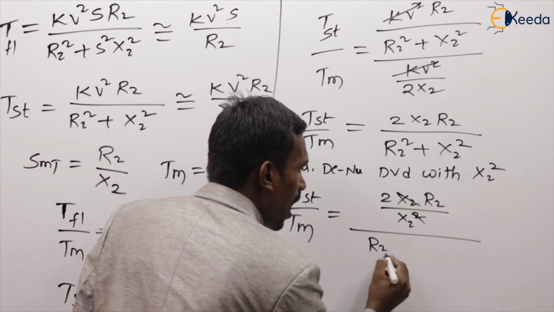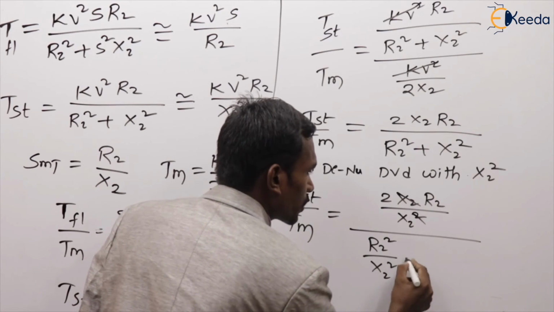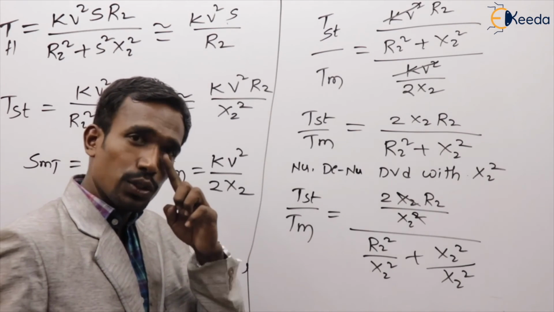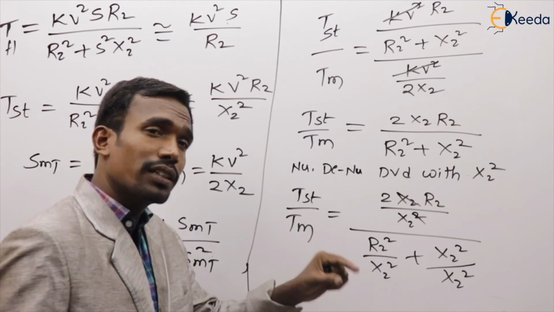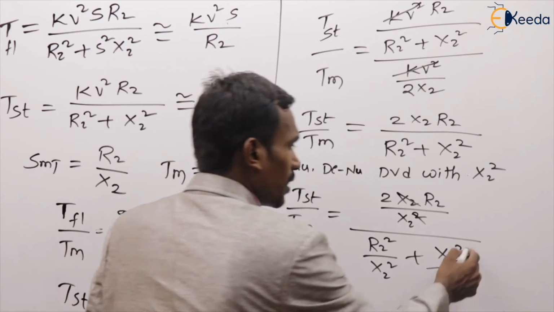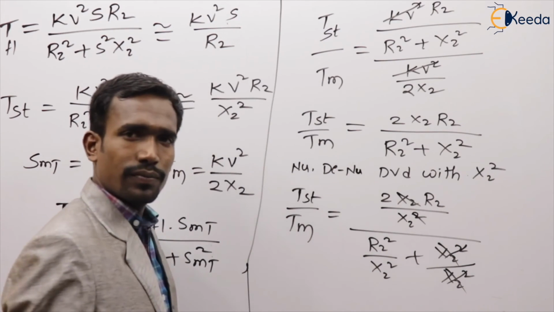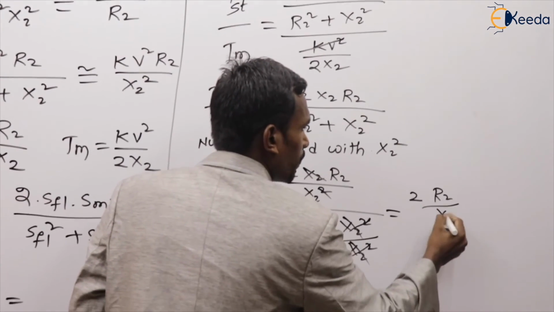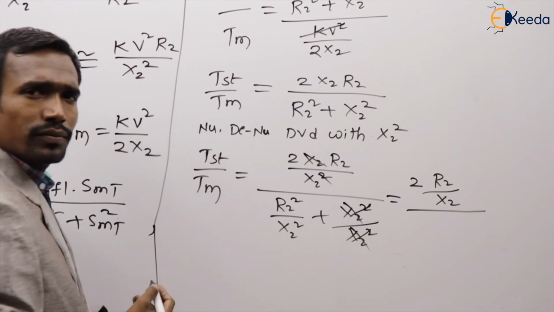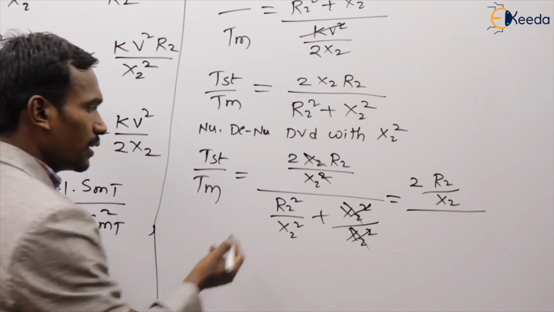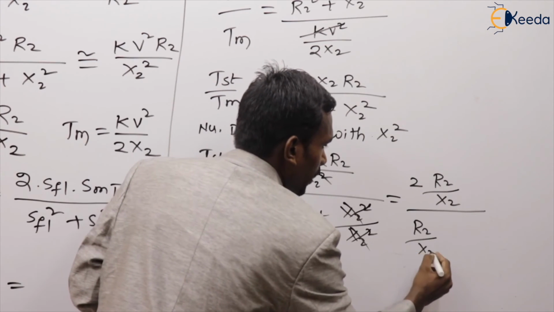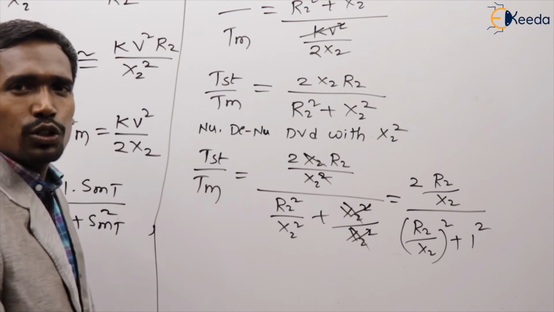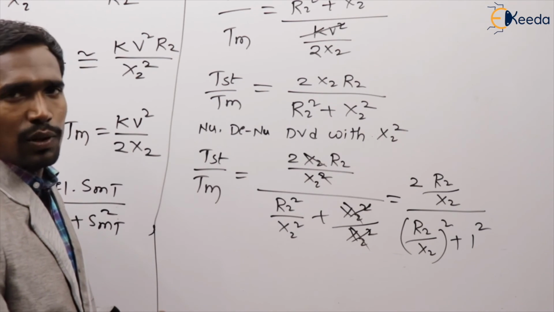And next, R2 square by X2 square plus X2 square by X2 square. The numerator and denominator are both divided by X2 square. What is this answer? It cancels out. So what is the answer here? 2 into R2 by X2, divided by (R2 by X2) whole square plus 1 square.